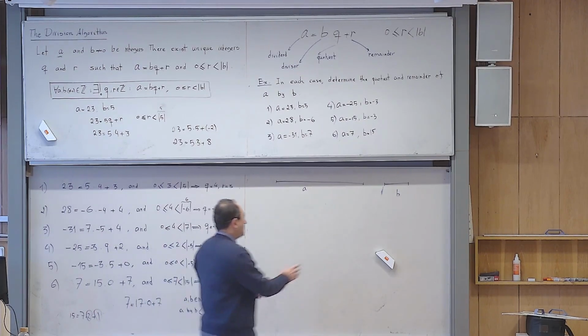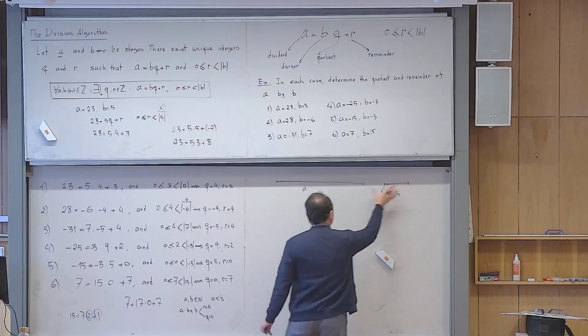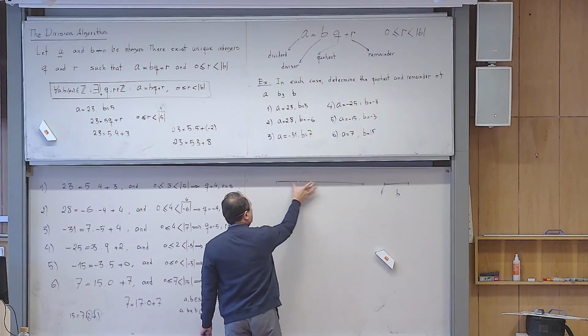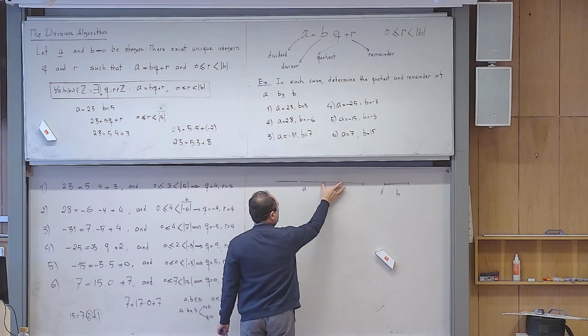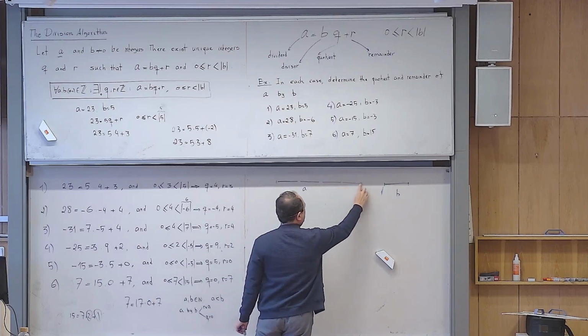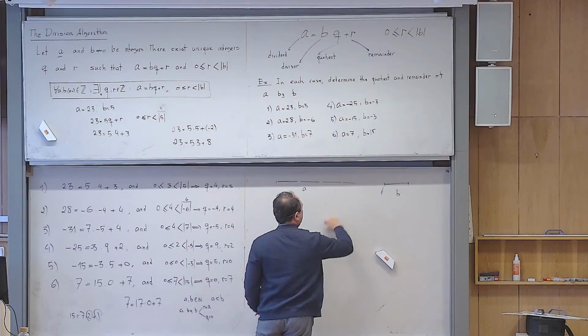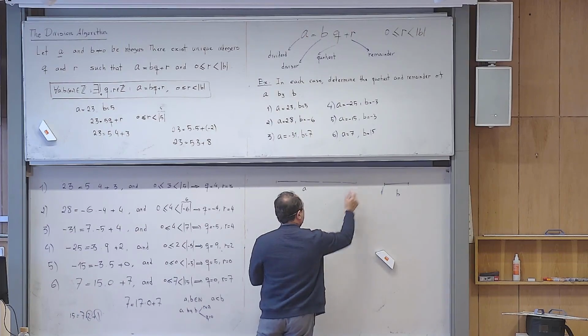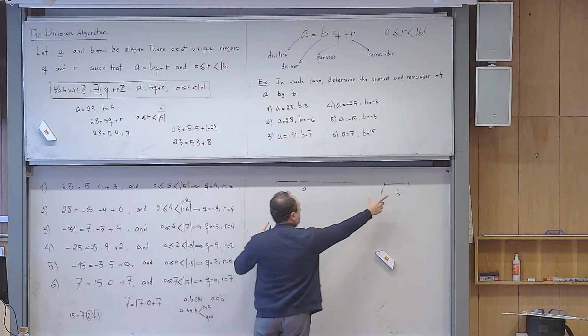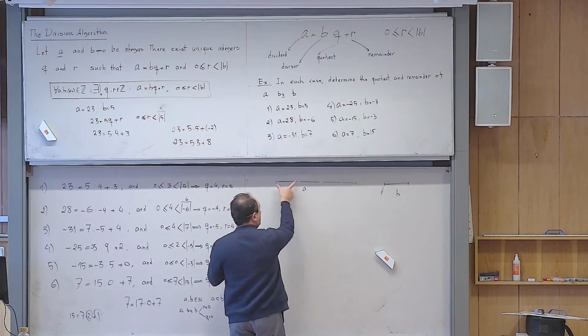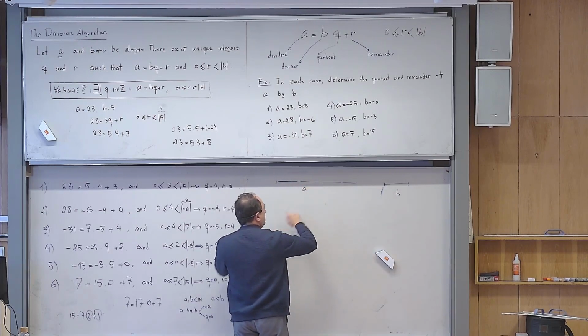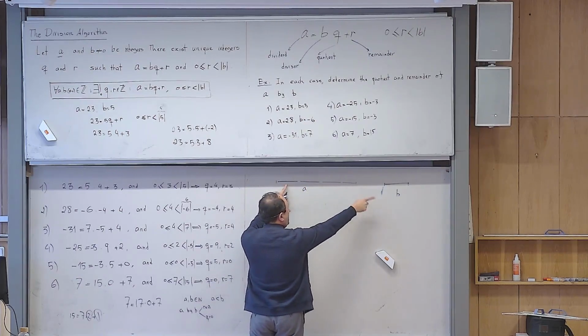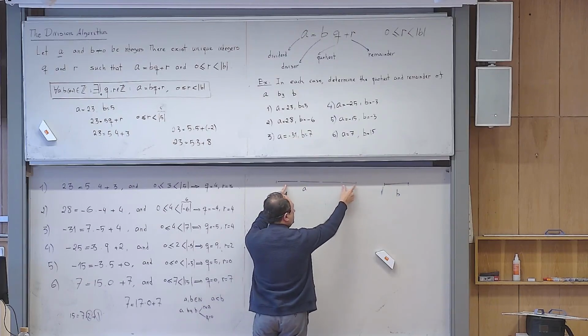For example, I will take that one, 1b, 2b, 3b. I'm a little bit unfortunate, so let me make it a little bit smaller, okay? If you see, I can take this and try to fit it here in this length. 3 complete ones I can fit, but there is some left over.